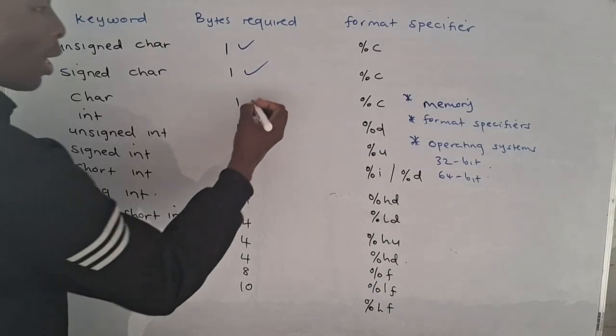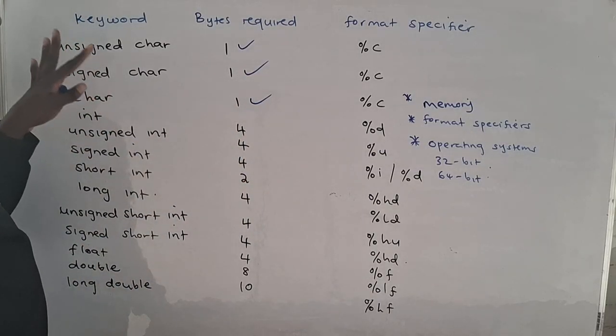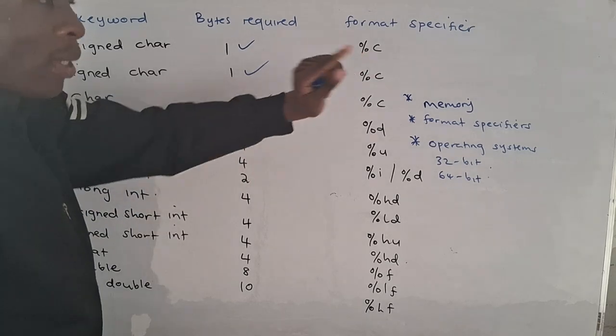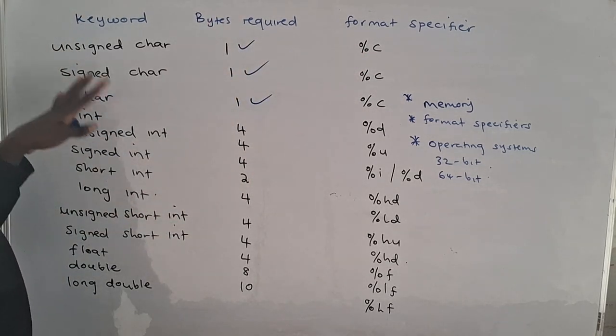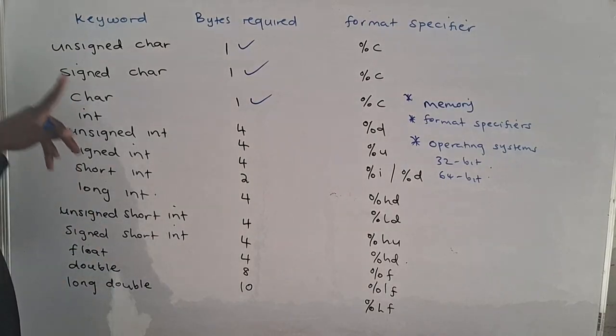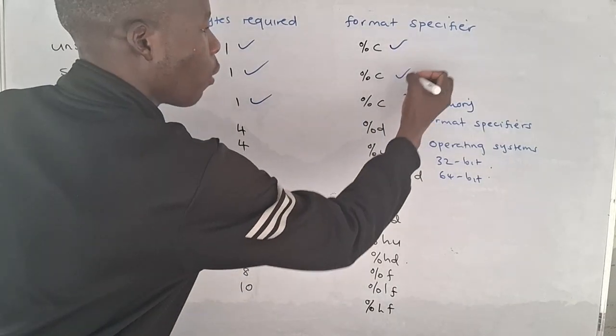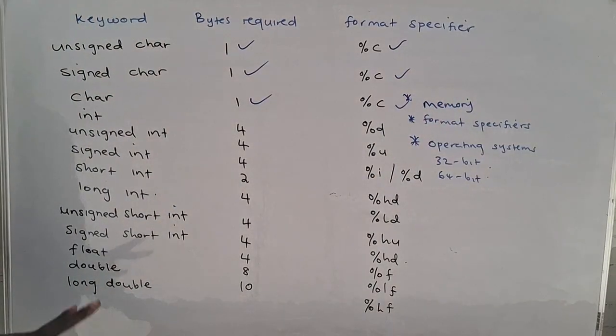If you want to print an unsigned character, you use %c. If you want to print a signed character, you use %c. If you want to print a character, you use %c. This is over. Let's move on to the next part.